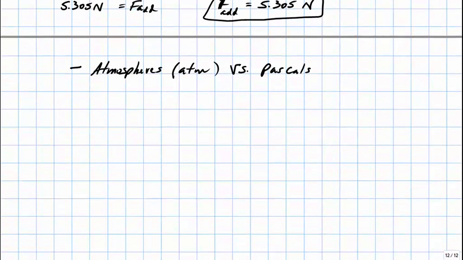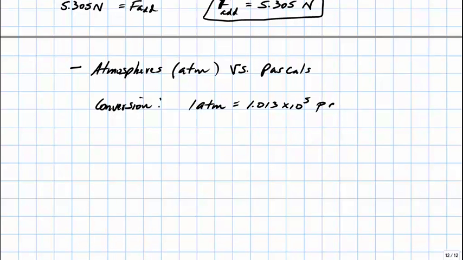Sometimes pressure is expressed in atmospheres, and whenever this occurs, that pressure has to be converted to pascals using the following conversion. One atmosphere simply equals 1.013 times 10 to the 5th pascals.